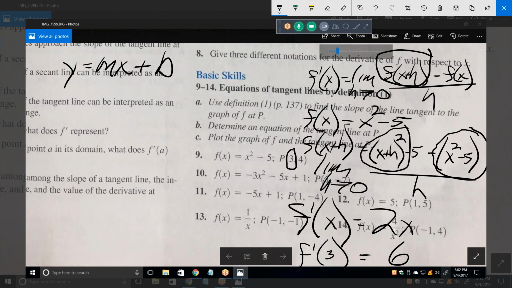But it turns out that the format that's much more useful in calculus is point-slope format. The reason is you always have a slope and you always have a point. So point-slope format, you remember what it is?